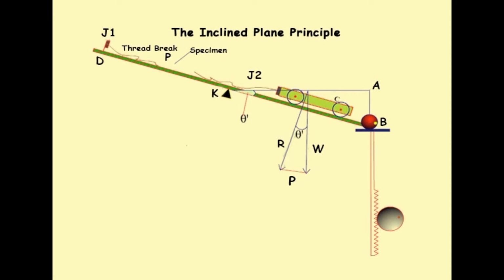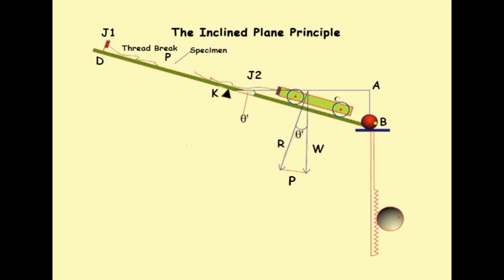Here, let us consider the plane being inclined by angle theta to the horizontal. If the weight of the carriage is taken as W, acting downwards, then the force P acting on the material can be calculated by resolving the vertical force in two directions, one parallel to the plane and the other perpendicular to the plane.